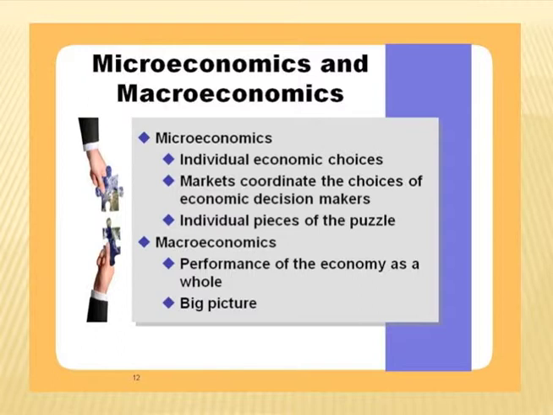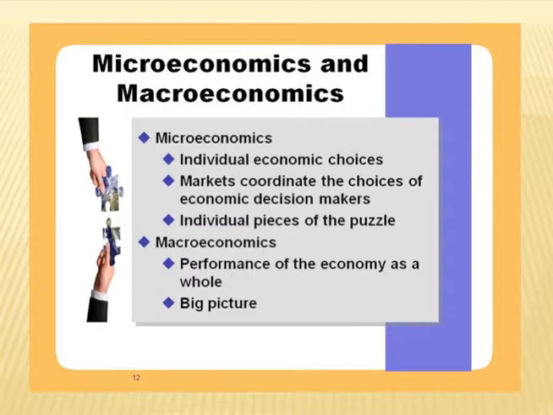Macro, on the other hand, the prefix macro means large, and so in macroeconomics we're concerned with the performance of the whole, the performance of the entire thing. So instead of talking about an individual household, we'll talk about the decision making of households in general.